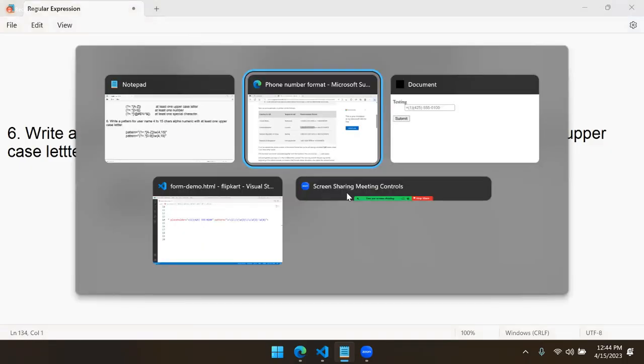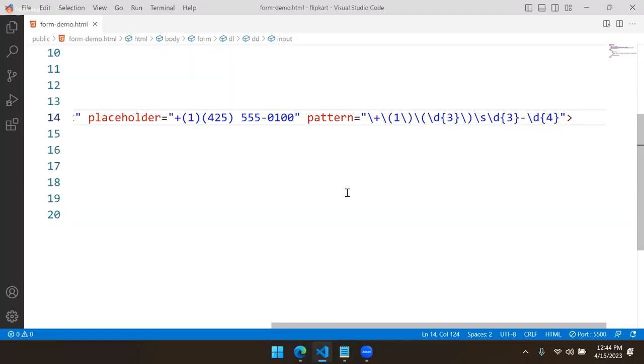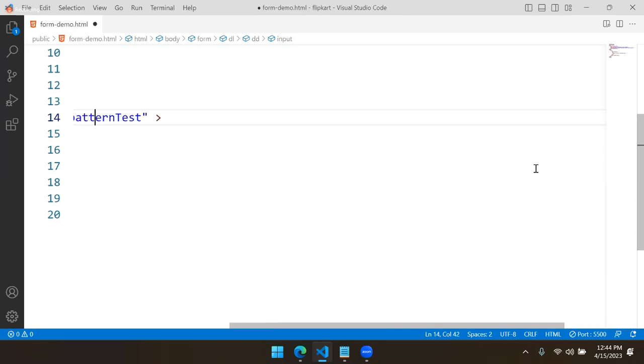For example, see here, I am writing the test. I am writing the pattern like this. So what is the pattern? Question mark equal dot star square brace a hyphen z, \w, 4 comma 15.